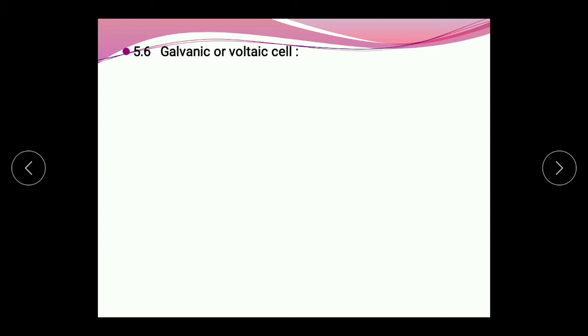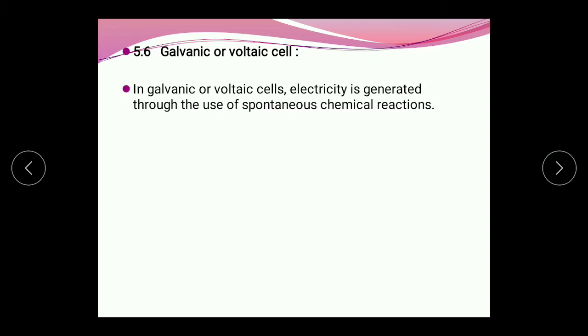Now, this type of cell is exactly opposite to that of electrolytic cells. What happens here? Here, electricity is generated through the use of spontaneous chemical reactions. This aspect is very important in our day-to-day life as well, because here we get electricity, that means energy, by just carrying out a simple spontaneous chemical reaction.